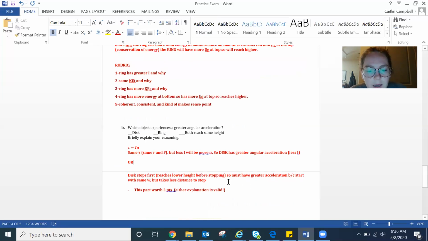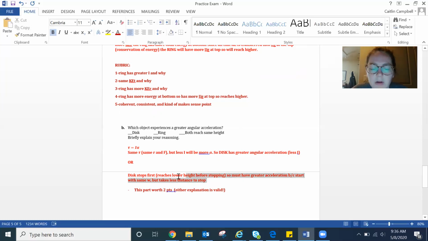The other way, and this is absolutely valid, is if you're saying up above that the disk is the one that stops first, that means it came in with the same initial velocity, but it slowed down first, so it slowed down at a quicker rate. It must have had a greater acceleration because it changes velocity in less time.